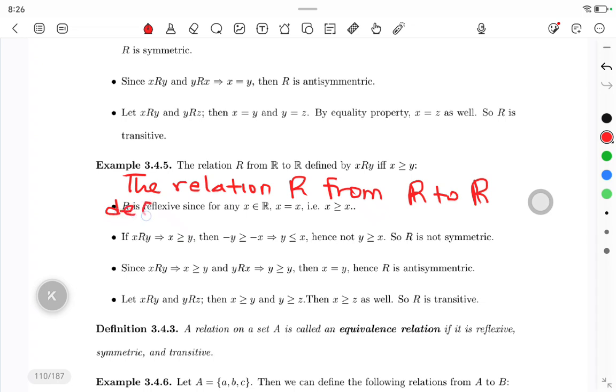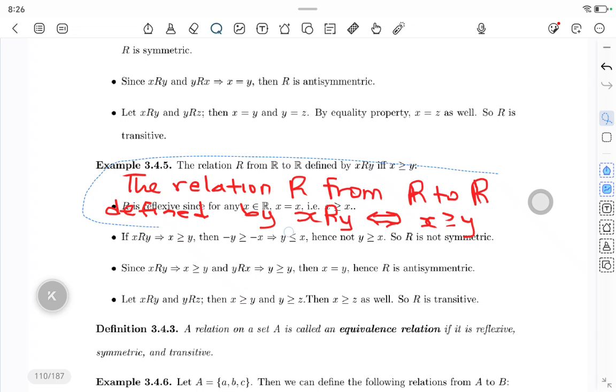They say this is defined by x related to y if and only if x is greater or equal to y. Sometimes instead of saying if and only if, you just put this sign to show that this is if and only if. So I'm going to use that.